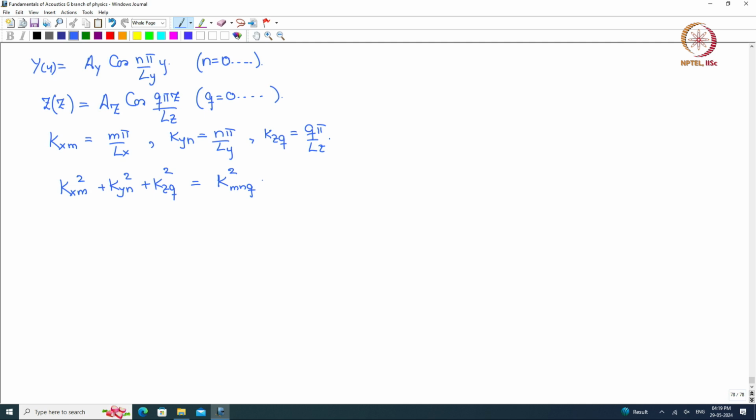Okay, so this has to be satisfied. Now what does that tell me? This k mnq squared is omega mnq squared by c squared. Okay, so therefore this gives me the equation for the natural frequency.